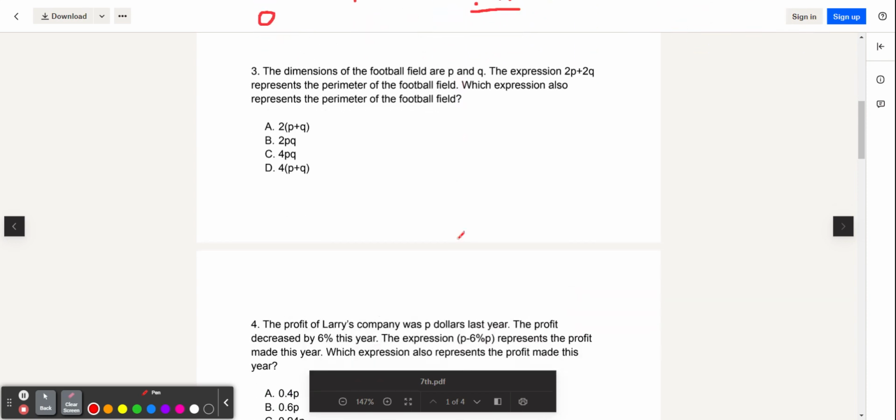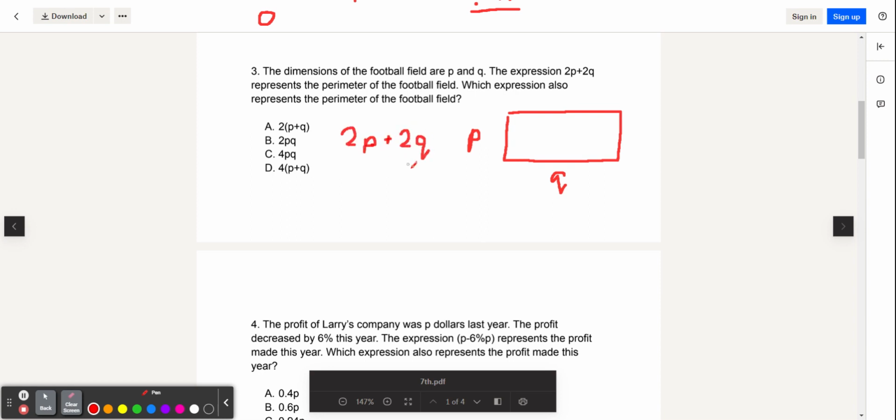D. The dimensions of the football field, which is a rectangle, are P and Q. The expression 2P plus 2Q represents the perimeter. What expression also represents the perimeter? This is kind of like reverse simplification, where we're undistributing, we're factoring out a common factor. 2P plus 2Q.